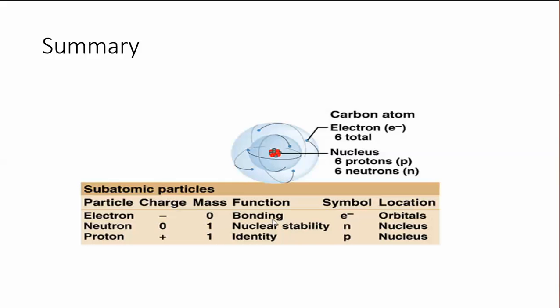And we talked about generally that the number of electrons will help us determine how one element or one atom interacts with another. We'll come back to this. And the identity is determined by the number of protons. We'll come back to the stability of the nucleus much later in the semester. We don't deal with this until about June.